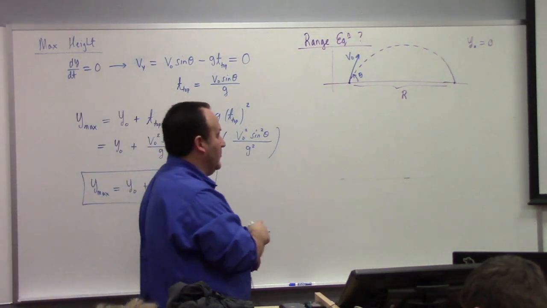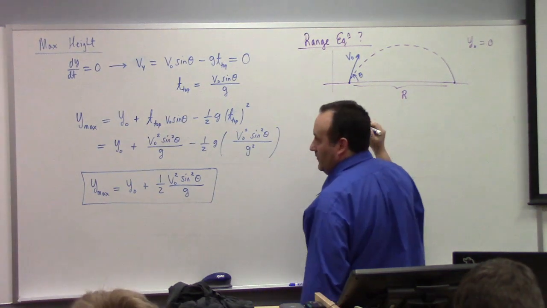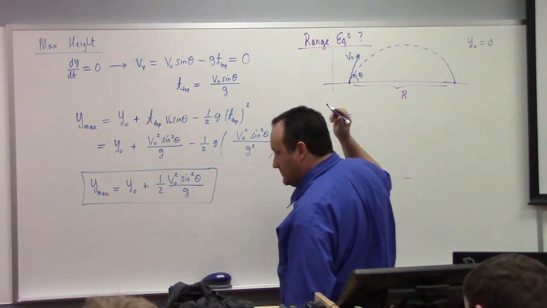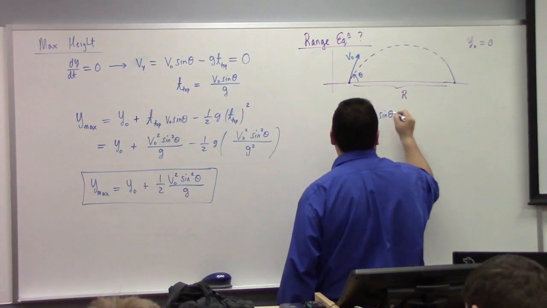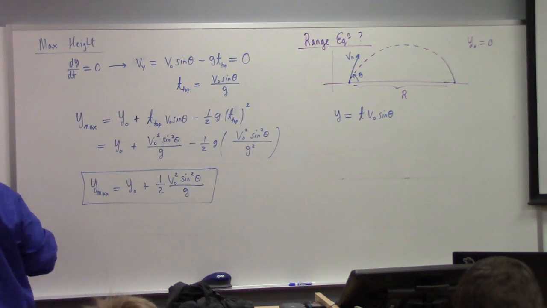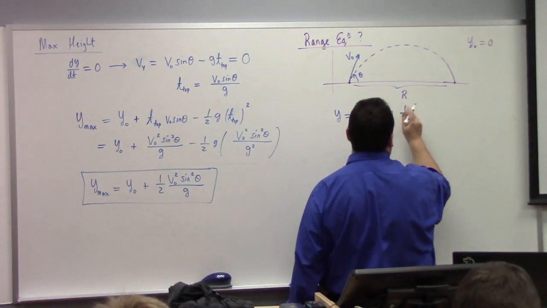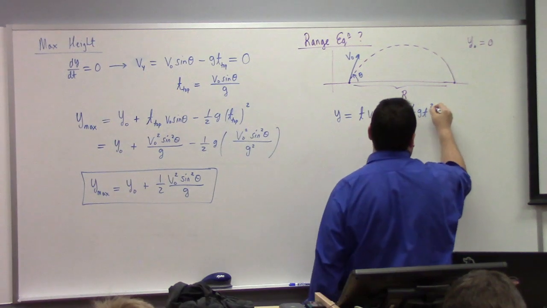So let's see here. We've got y is equal to, let's see, now we're putting initial y as 0, right? So we've got t v naught sine theta, yeah? Minus 1/2 gt squared. So we're trying to find the range here.